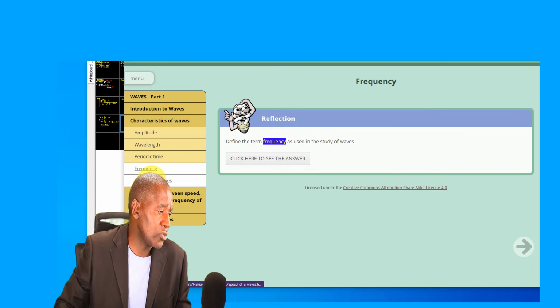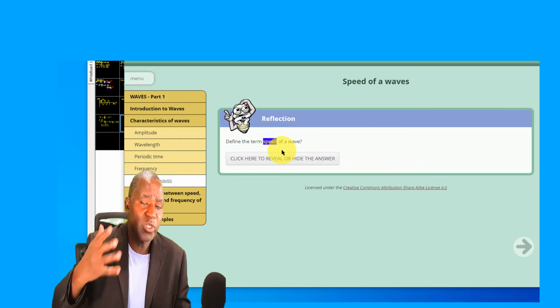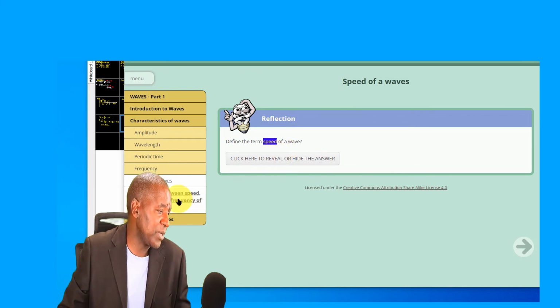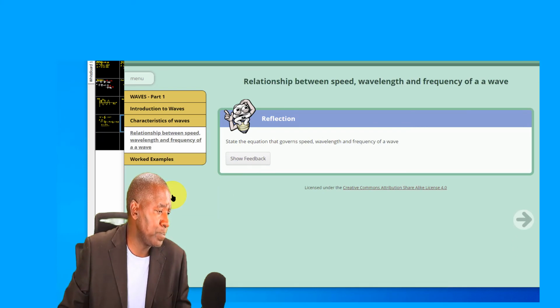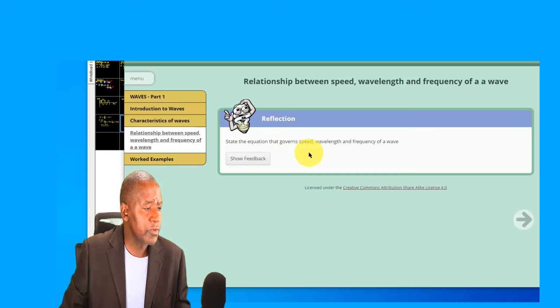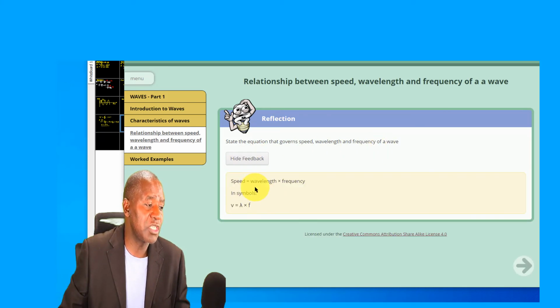Even for speed of a wave, the equation that governs speed, wavelength, and frequency, we have just talked about it. So once you click here, you'll be able to see speed is equal to wavelength times frequency, and in short form, it is like that.